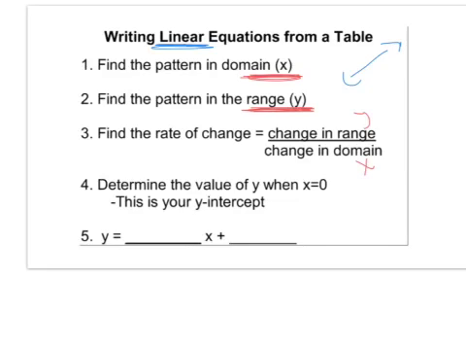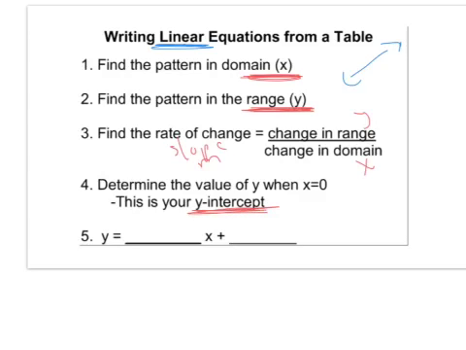And there's actually another word for rate of change. We could call this our slope, which you've probably heard before, or we can use the variable m. So rate of change and slope and the variable m all mean the same thing. Then it says we're going to determine the value of our y when x equals 0, and that is called our y-intercept.